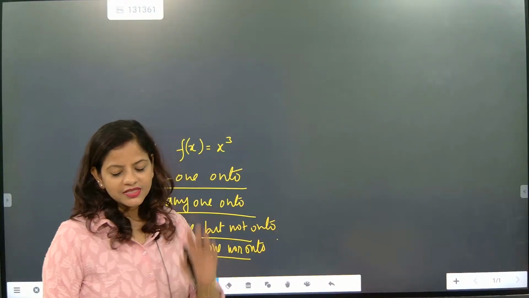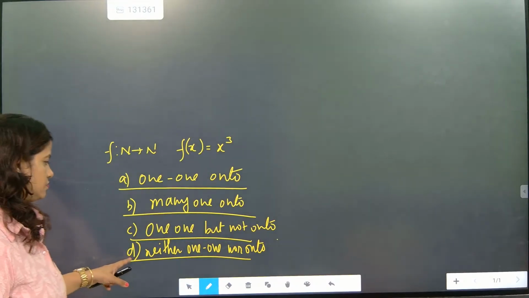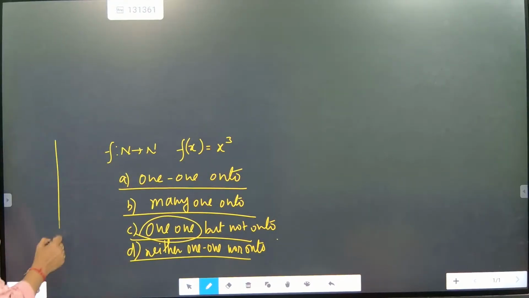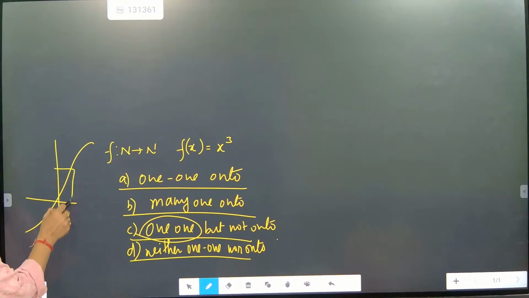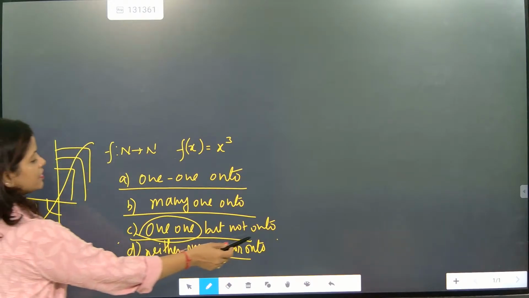See, you need to understand one thing. Here, this is exactly one-one. Most of the time I'm telling you the graph of one-one, every correspondence is coming like this. So this is exactly coming as one-one but not onto.